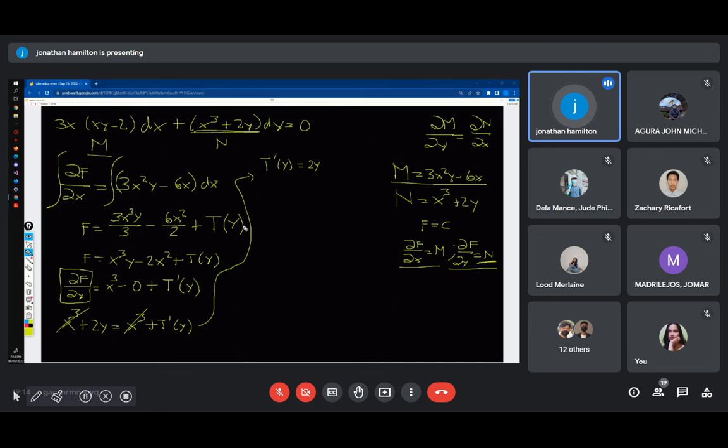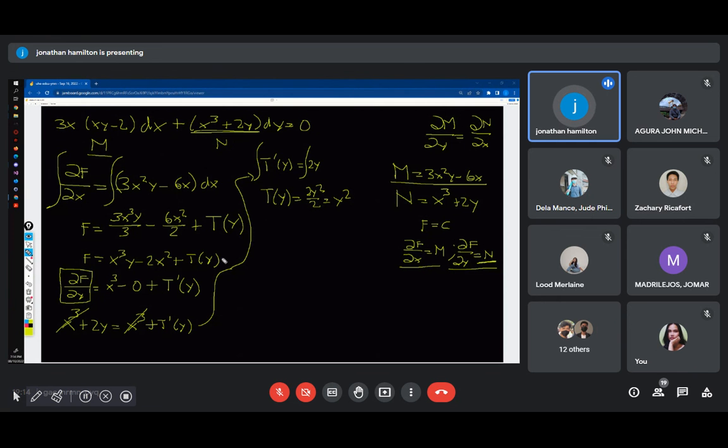Pero atong pangitawon is ang t of y. So this means we can integrate both sides with respect to y. We are left with t of y is equal to 2y squared over 2 or is equal to y squared.